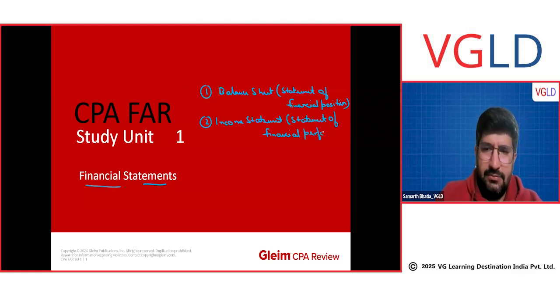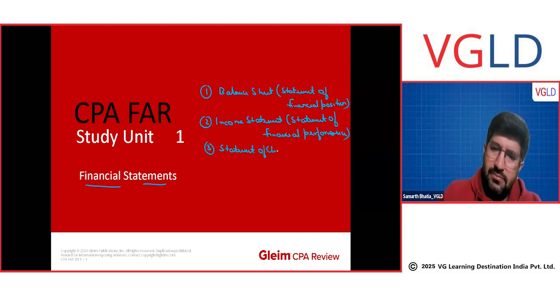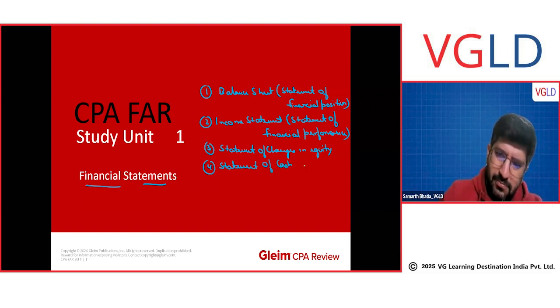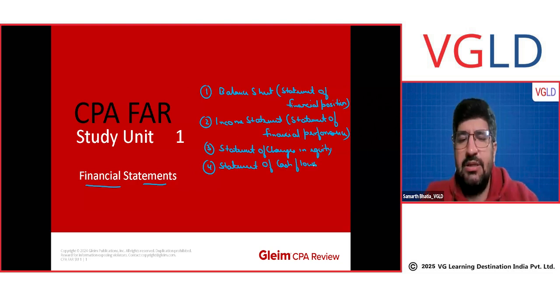Then we have a statement of changes in equity. And finally, we have a statement of cash flows. So in total, there are 4 statements which a company usually prepares.